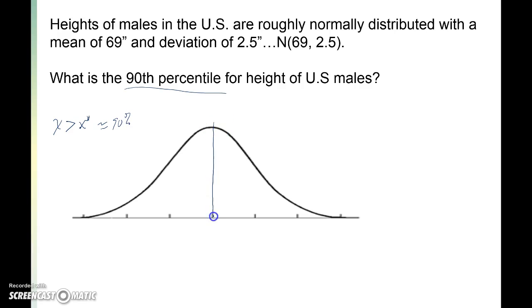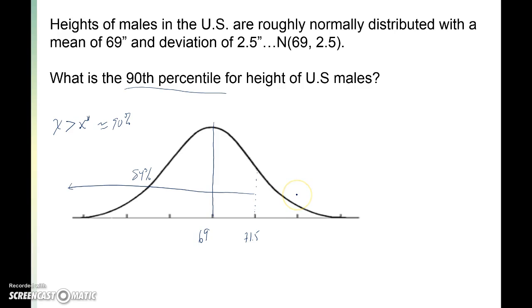We know that 69 inches is the center. We have already done some other calculations that one standard deviation up is going to be our 84th percentile, so that's going to be 71.5. We already know that this is 84%, based on our empirical rule.